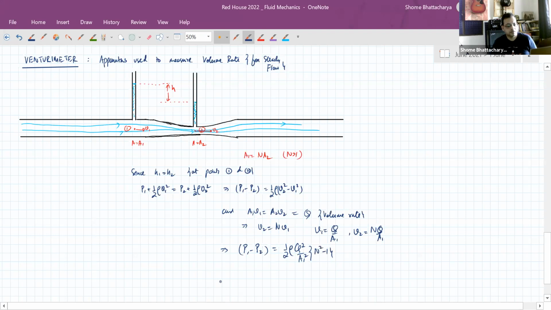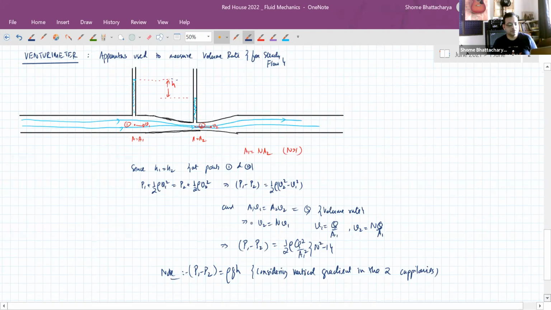So it becomes like this. Now this pressure difference is also equal to rho GH, where H is the difference in the level of water present in the columns. So this is considering the vertical gradient in the two capillaries.